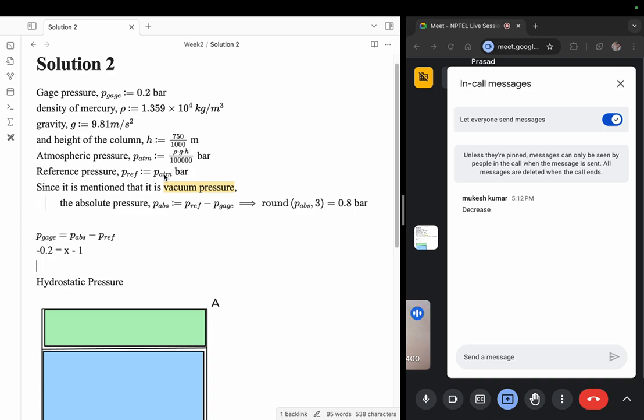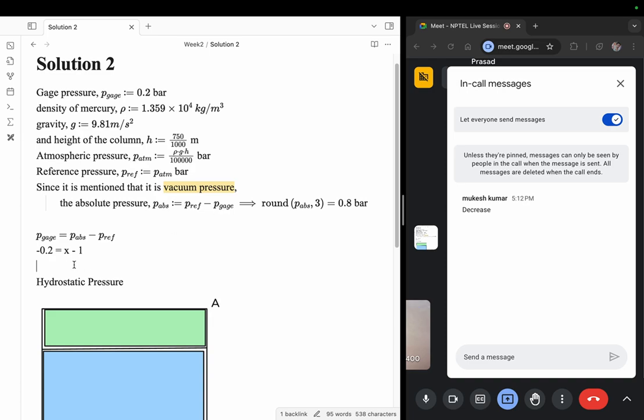P reference is atmospheric. So I'm just giving a number here. If say atmospheric pressure is taken as 1 bar, then you will put that 1 bar here. Okay, but the only thing you have to ensure is that for P gauge you should take minus 0.2 instead of 0.2 bar. I'm taking P gauge to be a positive value, so I change the formula here.